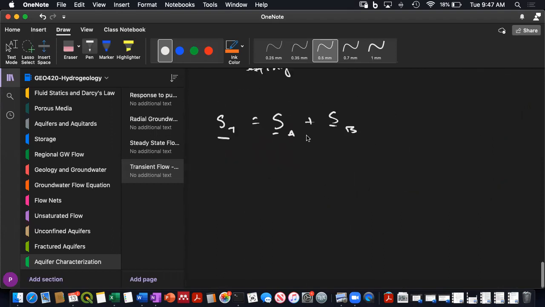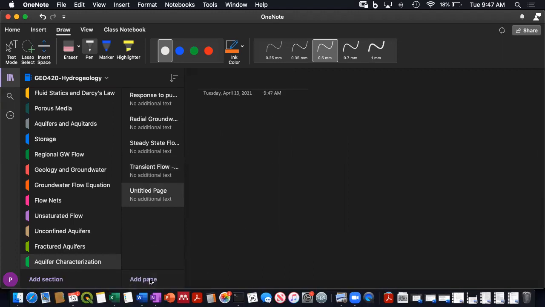What I want to do before we take off today is talk about various ways that our assumptions of a confined aquifer, all water from storage, fully penetrating well, all these things hardly ever are really true in the real world. And so we're going to look at how the response can change. So the first one we're going to look at is a leaky confined aquifer.